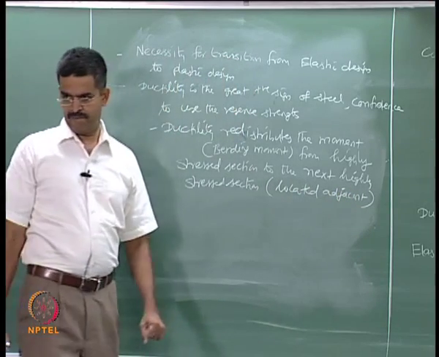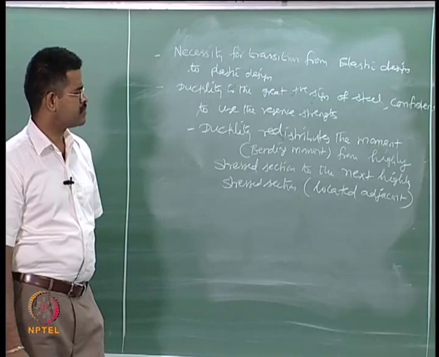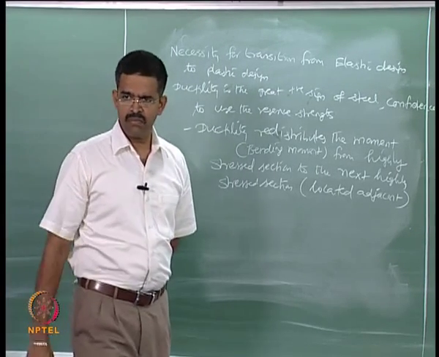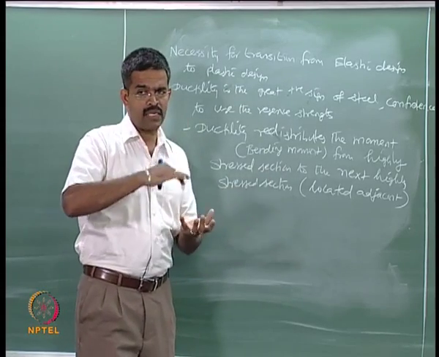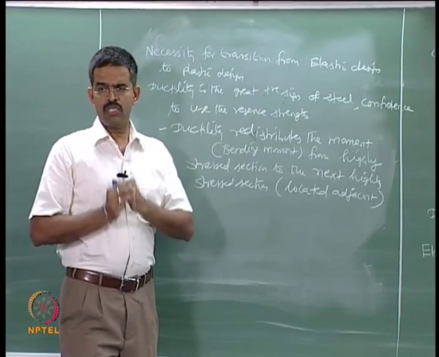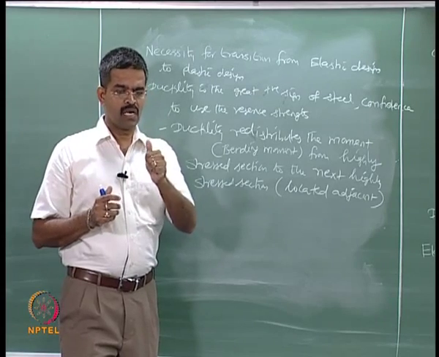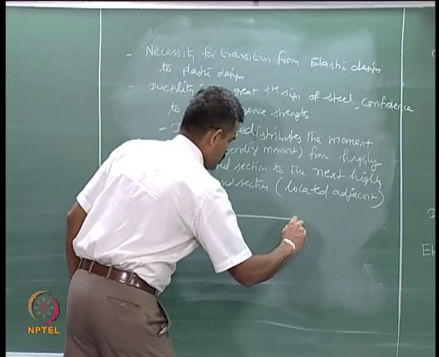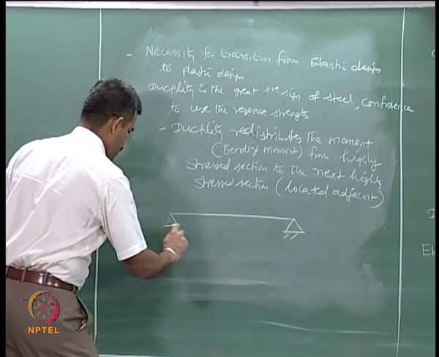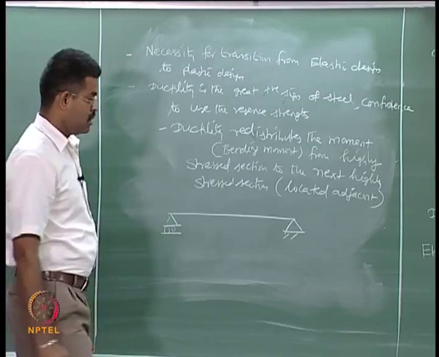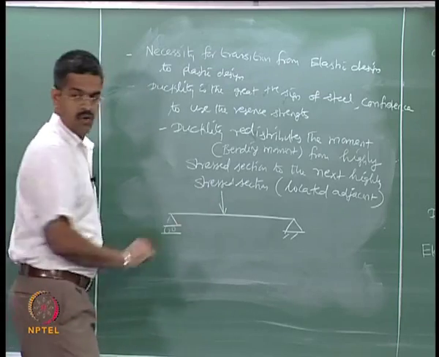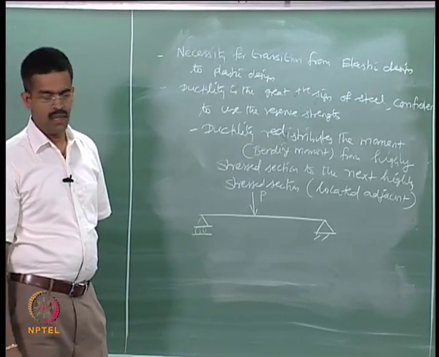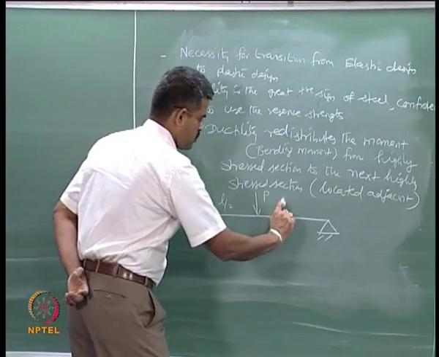What does it mean? In a given structural system, for a given set of loading acting on the system, you will generally get a first highly stressed section. For example, let us take a simply supported beam. I am giving a very simple example so that you can easily follow, subjected to a central concentrated load, maybe this value is P, and this is L by 2 and L by 2.